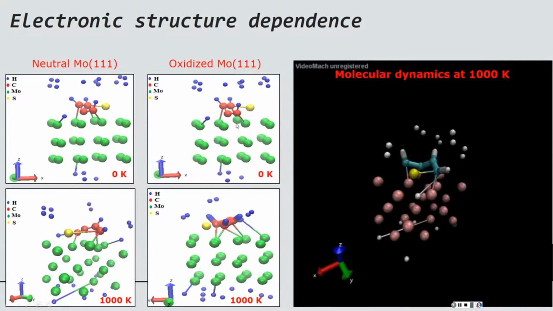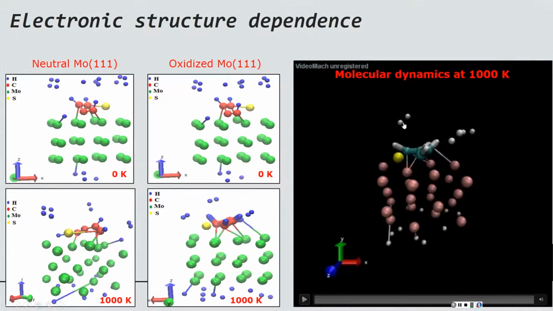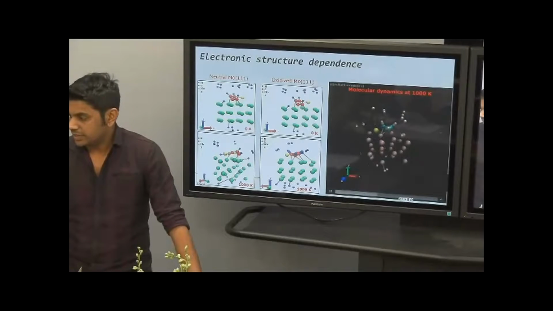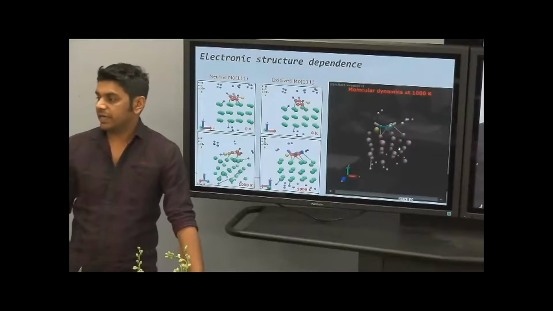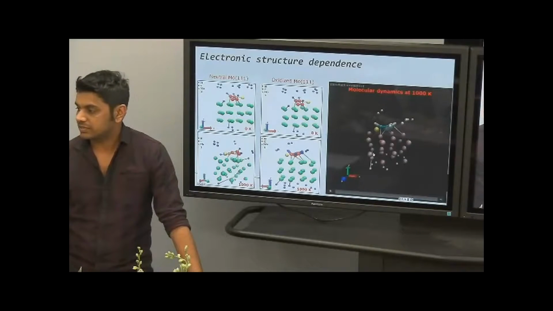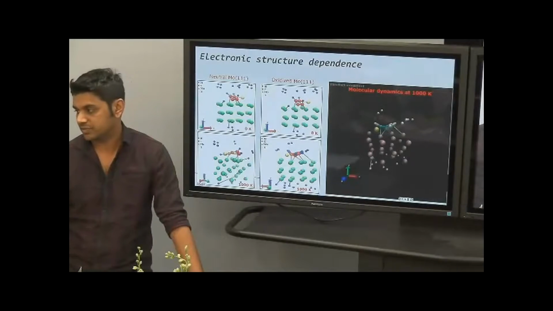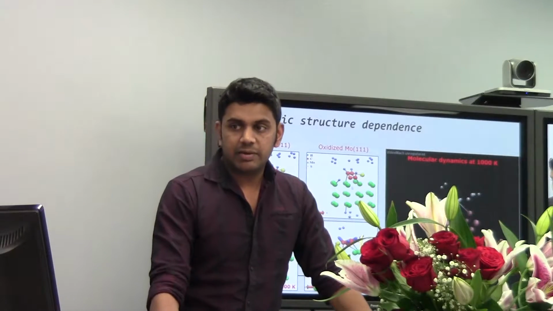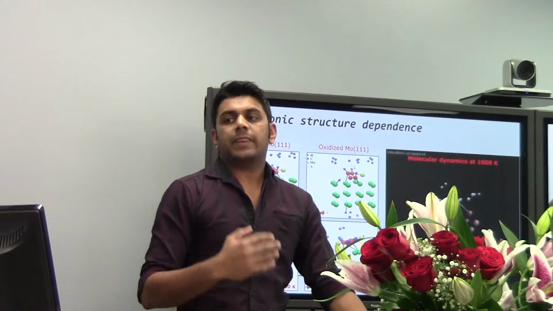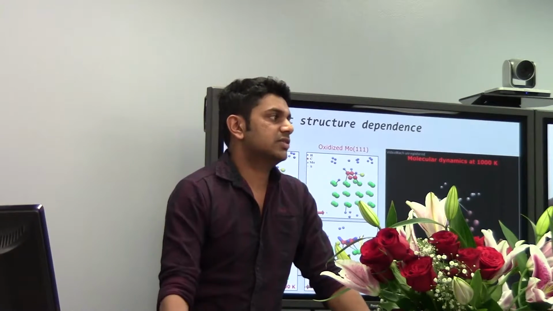This movie illustrates the dynamics of the thiophene molecule adsorbed on the oxidized molybdenum surface, and as you can see, after heating at 1000 Kelvin, these carbon sulfur bonds are instantaneously dissociated. That means these oxidized molybdenum surfaces can be used as catalysts for the hydrodesulfurization reaction.